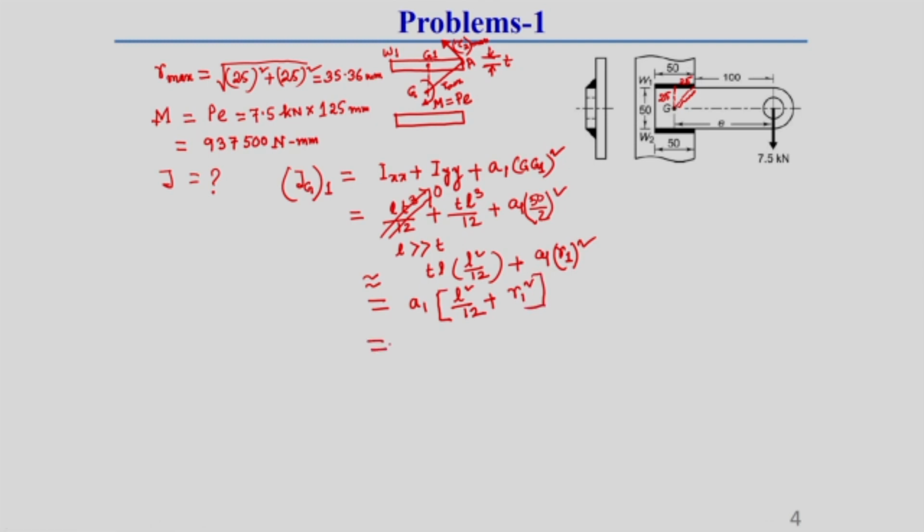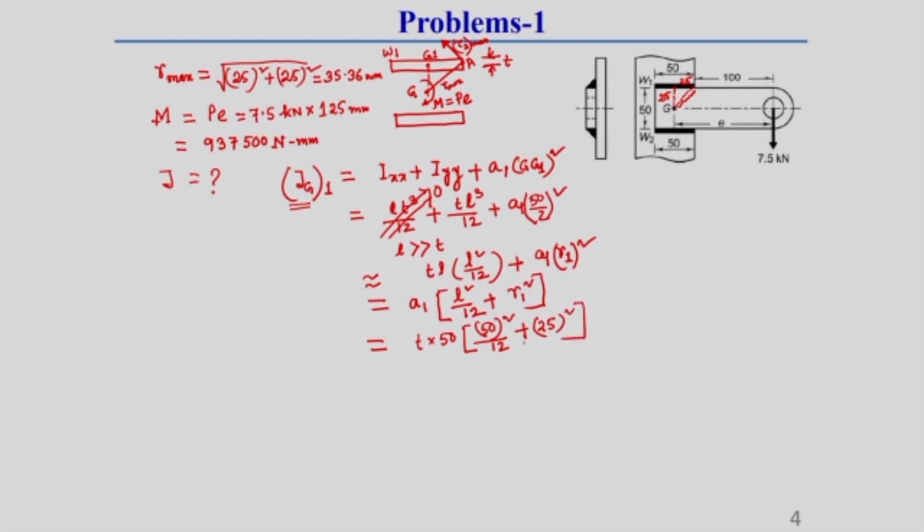So, everything is known to us except T. So, here we can easily find out Jg1, that means polar moment of inertia of weld 1 with respect to G. Here A1 equal to T into L, L of the weld is given as 50, into L square by 12 means 50 square by 12, plus R1, here L by 2, that is 25 square.